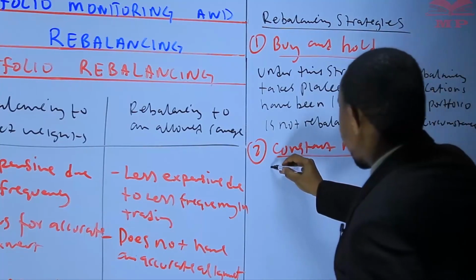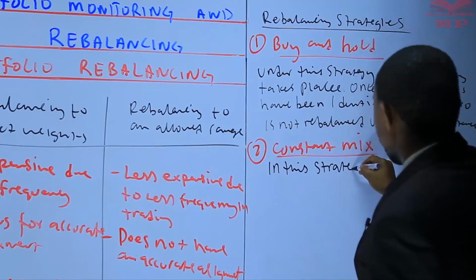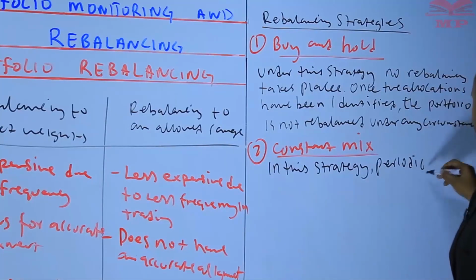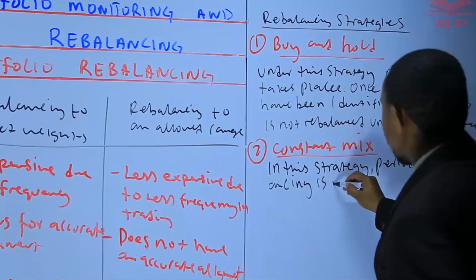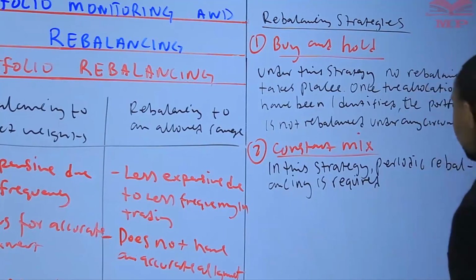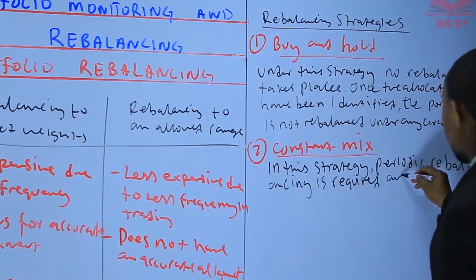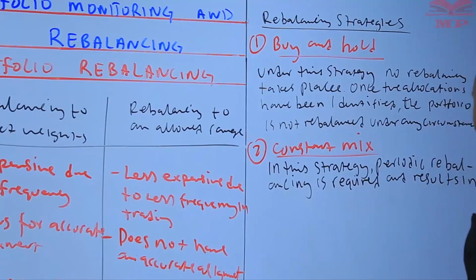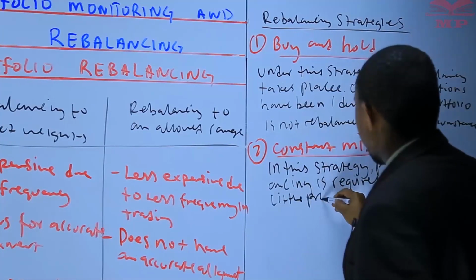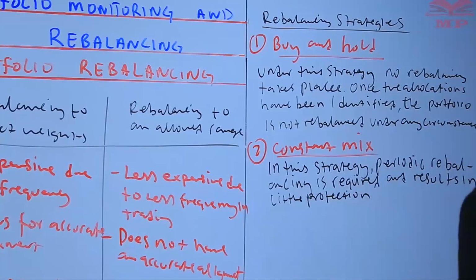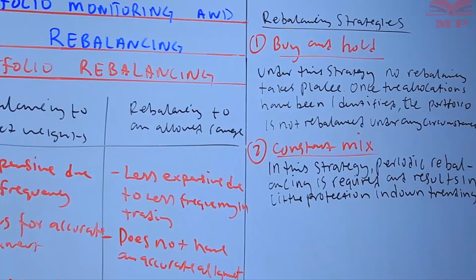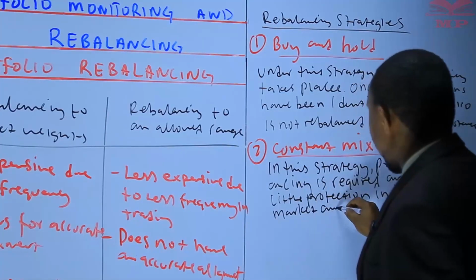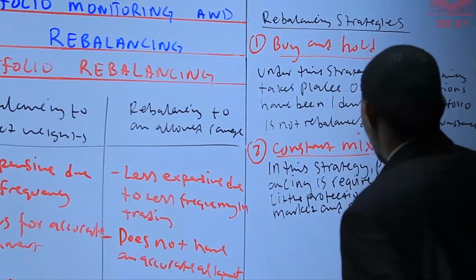Here, periodic rebalancing is required, and it results in little protection in a downtrending market and performs poorly in up markets.